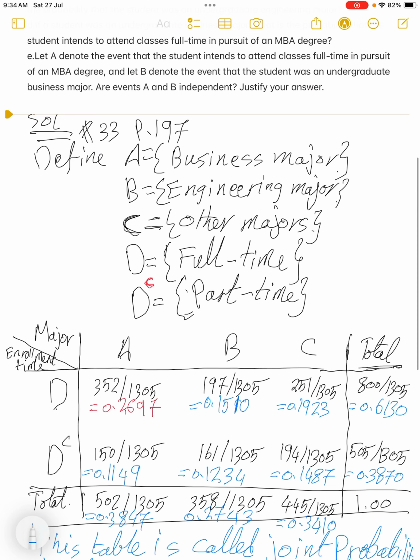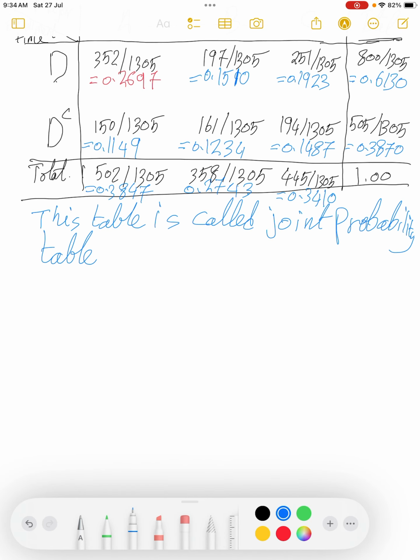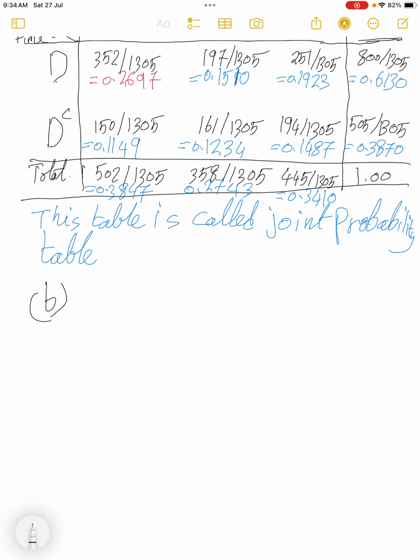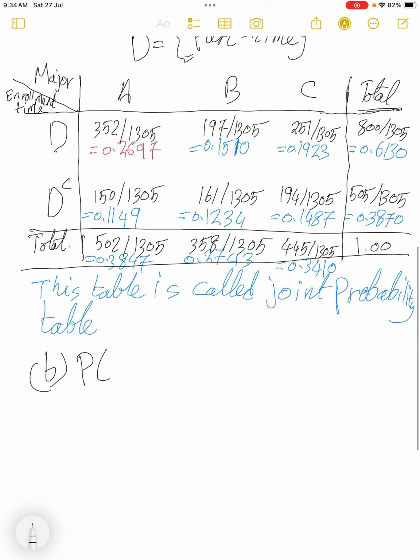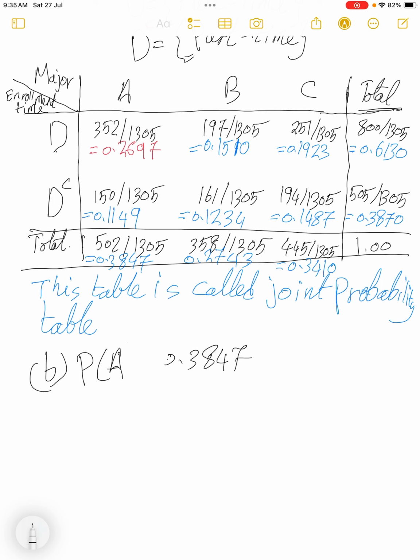This is A, B, C. The probability of A equals 0.3847, the probability of B equals 0.2743, and the probability of C equals 0.341.